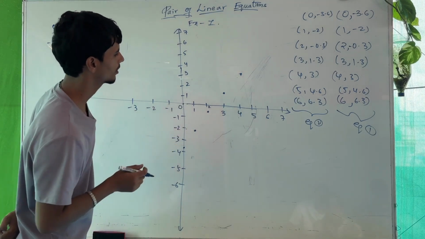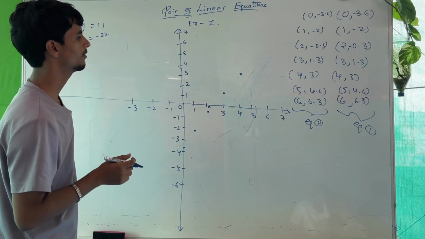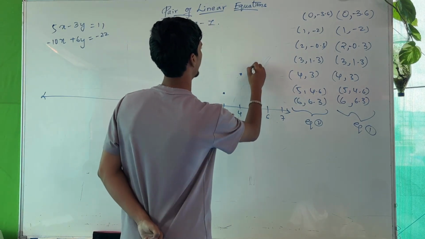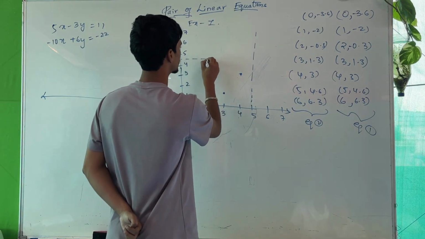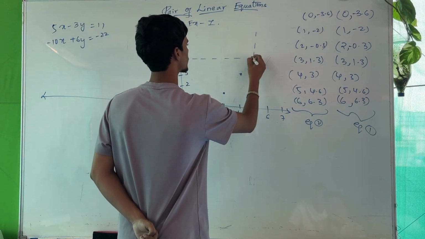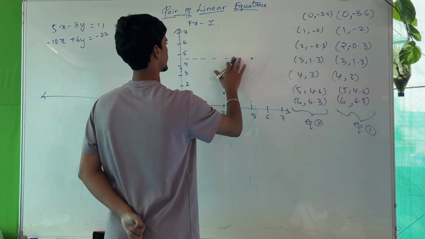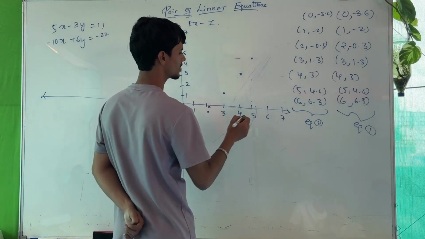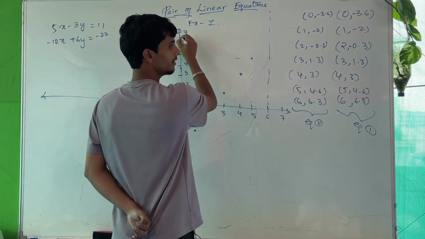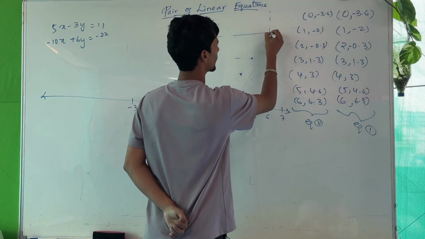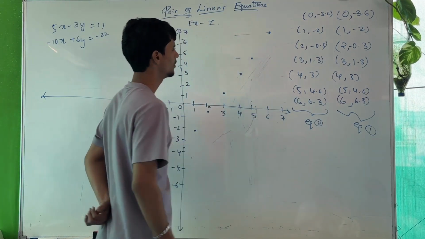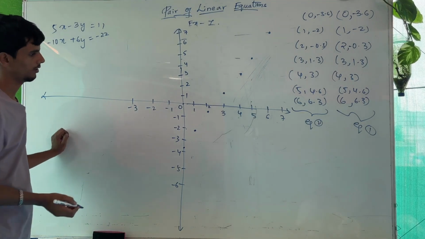You don't need to draw these dotted lines, but I'm doing it without using a scale. Next 5 comma 4.6. 5 is here, 4.6 will be around here. Next 6 comma 6.3, it will be here. So in this way we got the points.